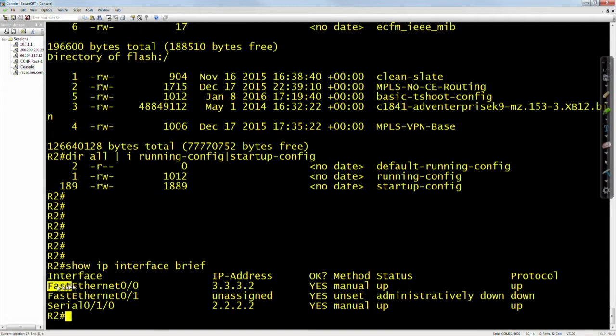If my interfaces are FastEthernet 0/0 and FastEthernet 0/1, I want to see that for both, status is up, protocol is up. And I say, uh-oh, here's a problem. FastEthernet 0/1 is down. So I want to make sure they're both up. That's what I'm looking for.